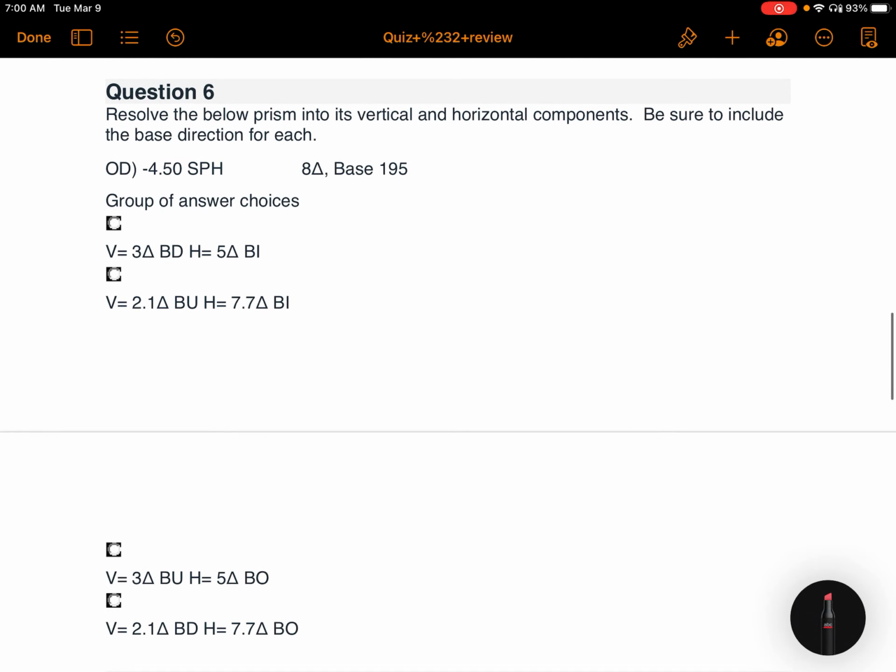Question 6. Resolve the below prism into vertical and horizontal components. So remember, our formula is going to be the sine of the angle times the prism amount. So if we do 195 sine times 8 equals, we're going to have a vertical measurement of 2.